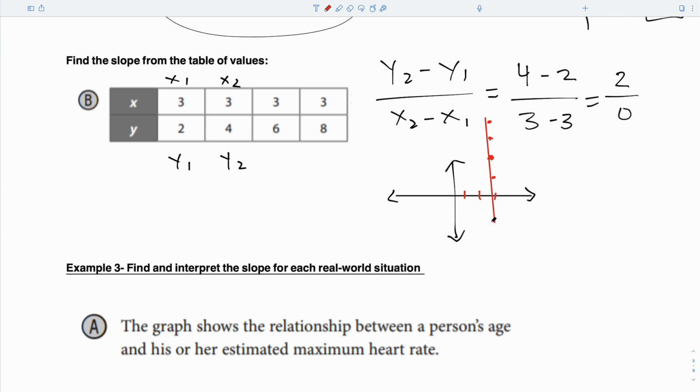So you can just look at the table and automatically know this thing is undefined. Slope equals undefined.